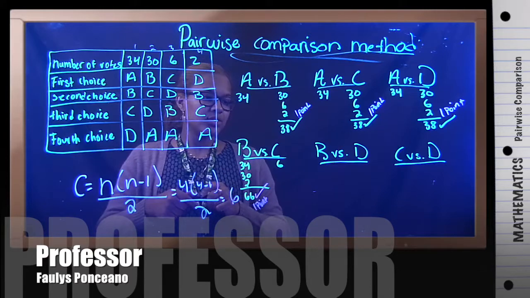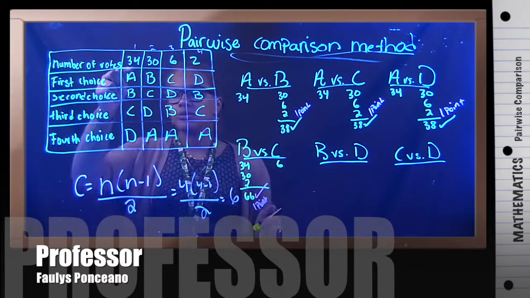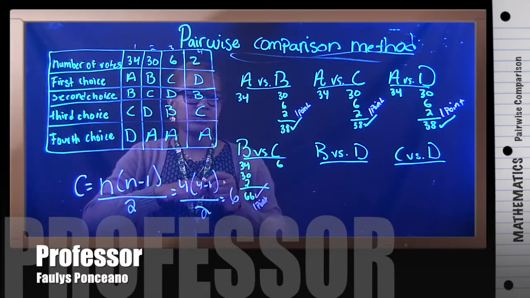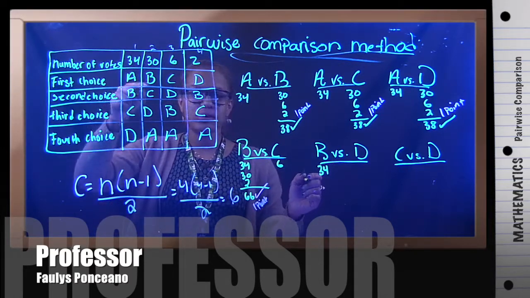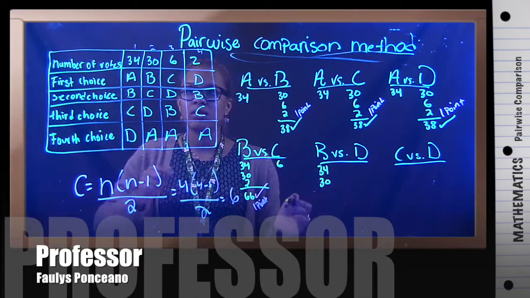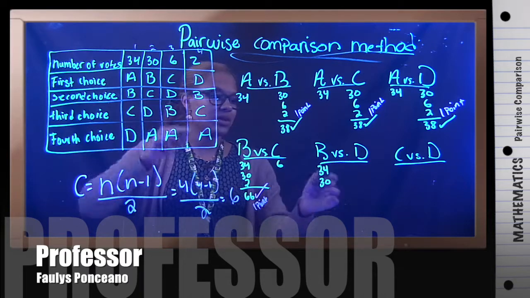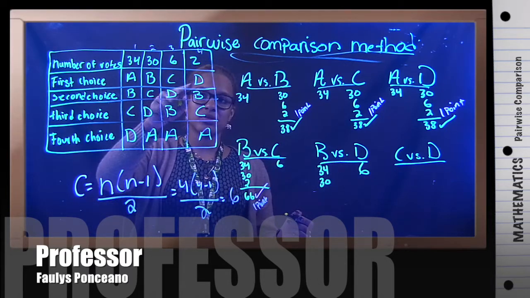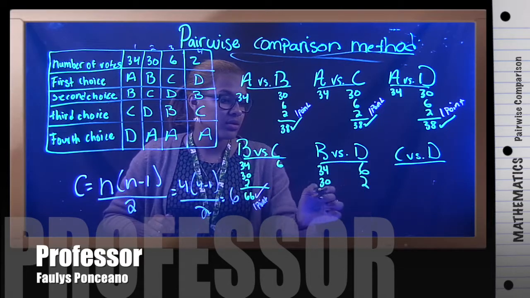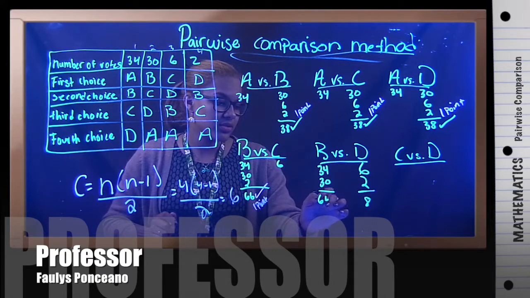Okay. So now we're going to do B versus D. Column 1, B versus D. B wins. Second column, B wins. Third column, D wins. Fourth column, D wins. You can see this is A and this is 64.